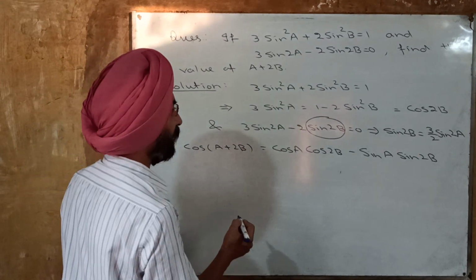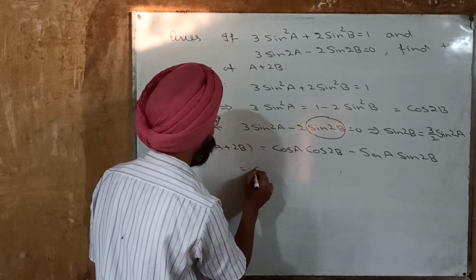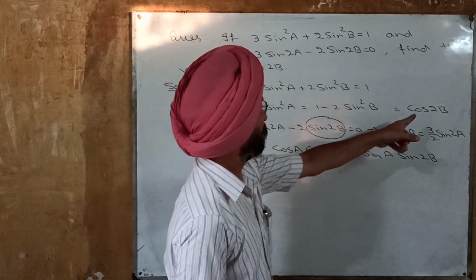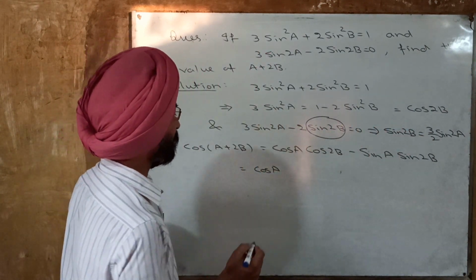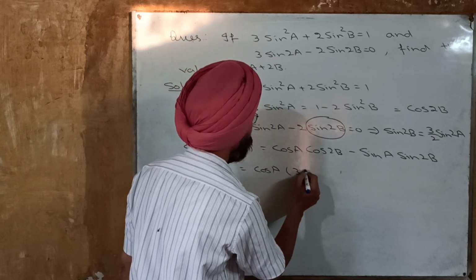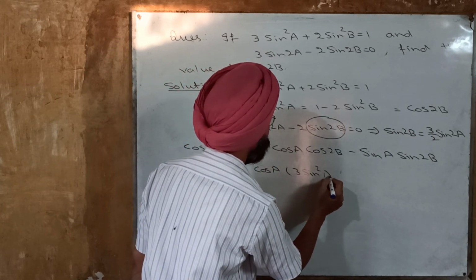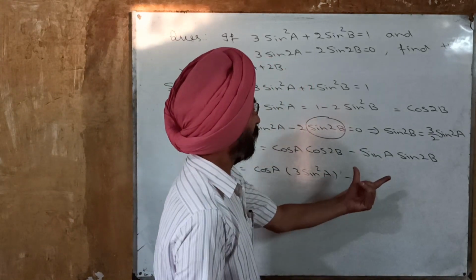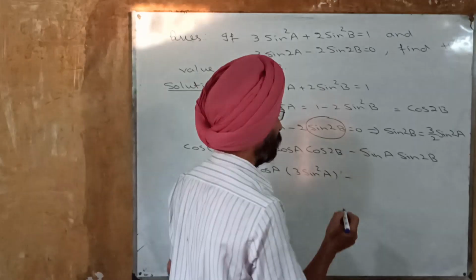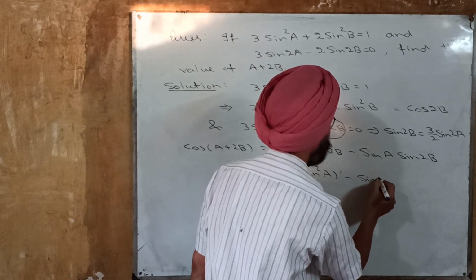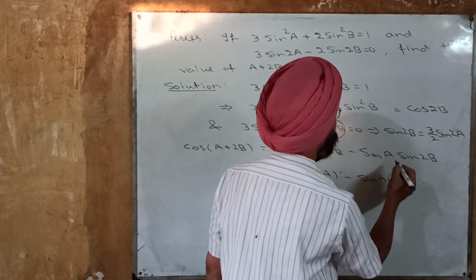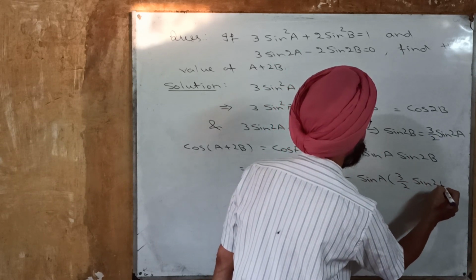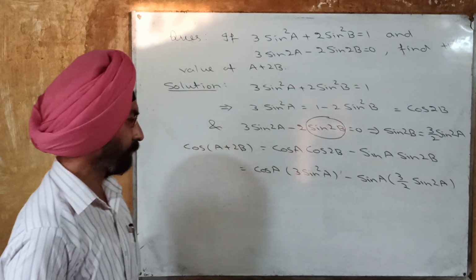So what will I get? This is cos A, and this cos 2B is equal to 3 sin square A, 3 sin square A minus, here I am having sin A sin 2B, so sin A I am writing as it is, and sin 2B I am going to replace by 3 by 2 sin 2A.